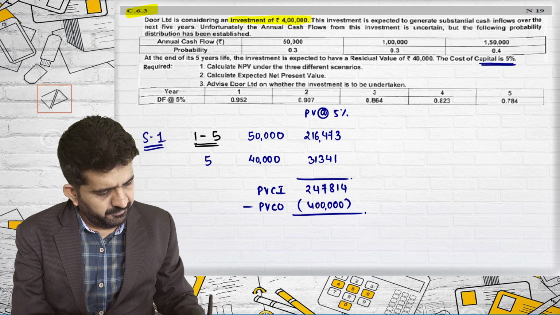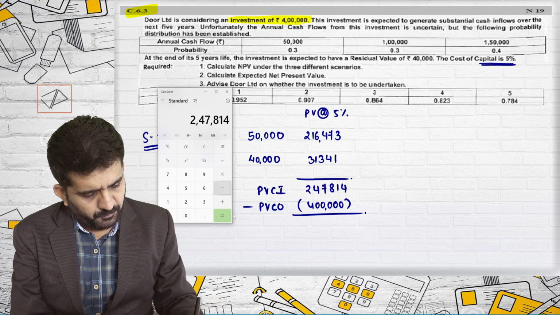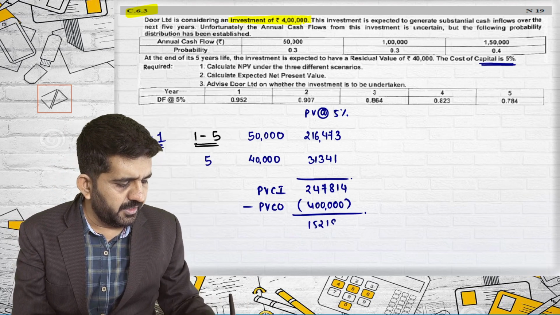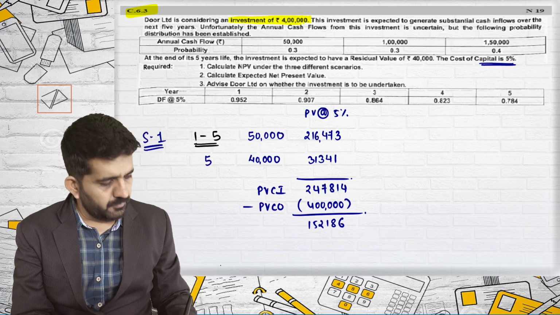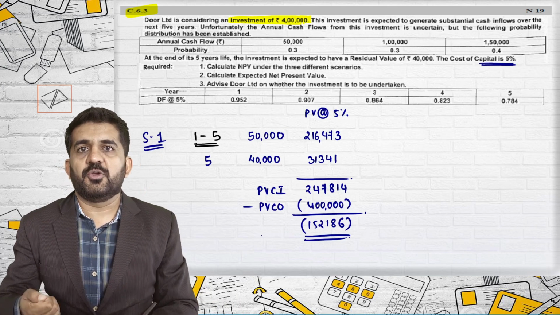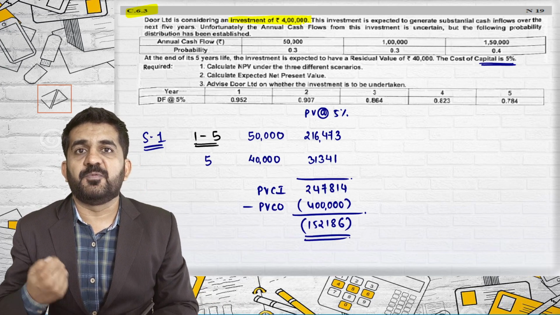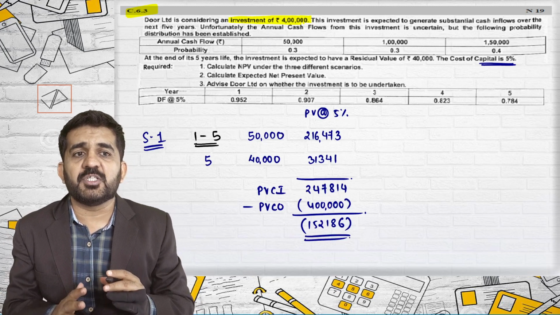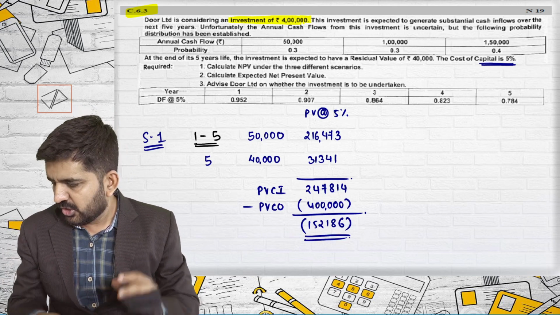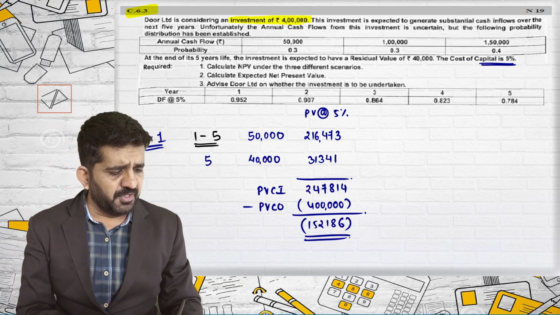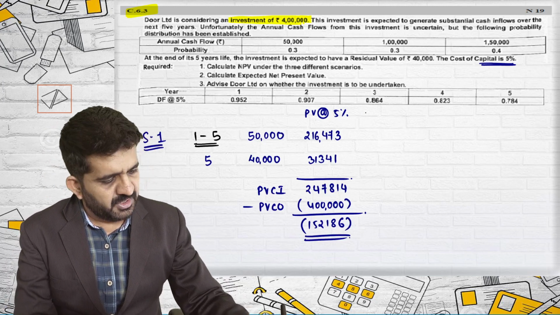My NPV will be 247,814 minus 4 lakhs, 152,186 negative. Which is the scenario 1, if my cash flow is 50,000 every year. Sir, there is a probability attached to it. Yes, but they are first telling me to find out scenario analysis. So as far as scenario analysis is concerned, first answer will be 152,186 negative.